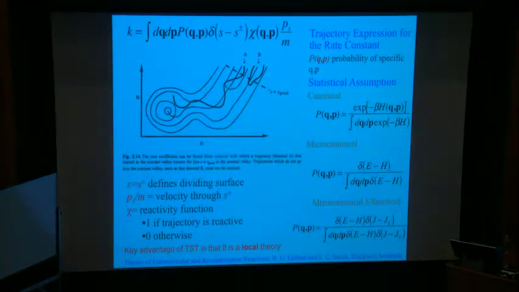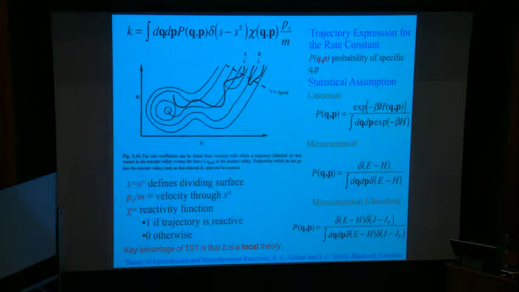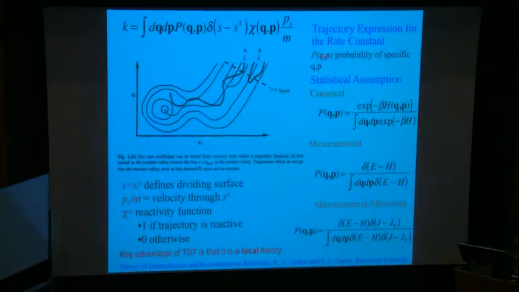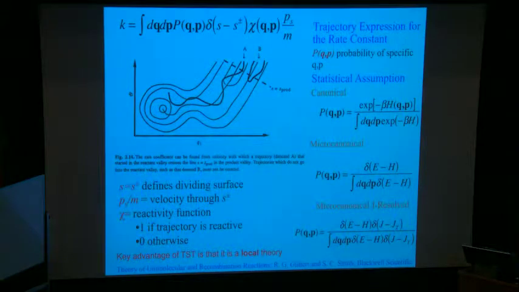For the trajectory simulation, you follow the whole history of it, and so you look at this and you say that's not a reactive trajectory. It's obviously going from reactants to reactants. For transition state theory, when it crosses here, it's going positive. You would include it. When it's going this way, it's going with a negative velocity. You would say it's not counting, so you put a 0 there.